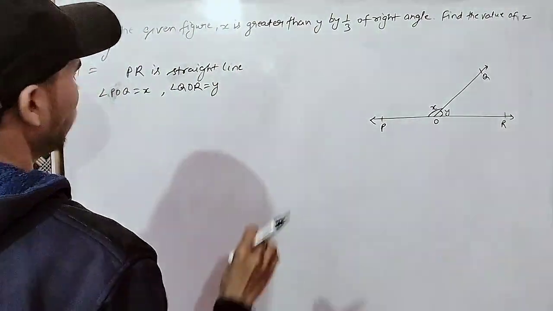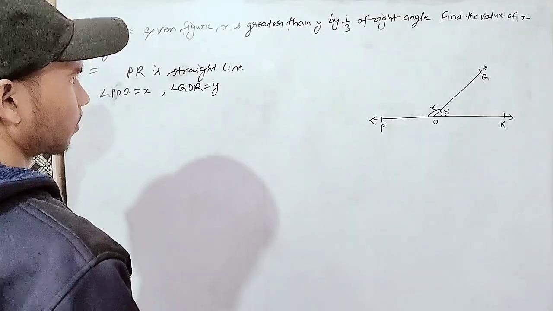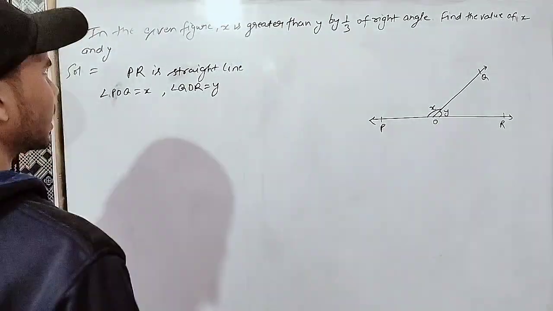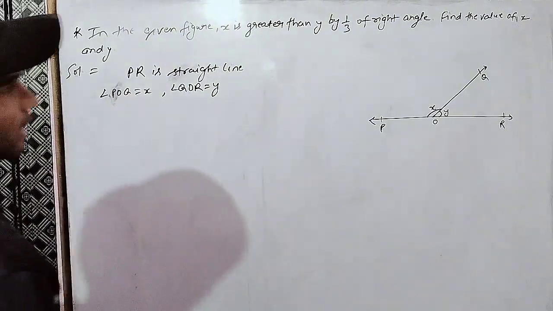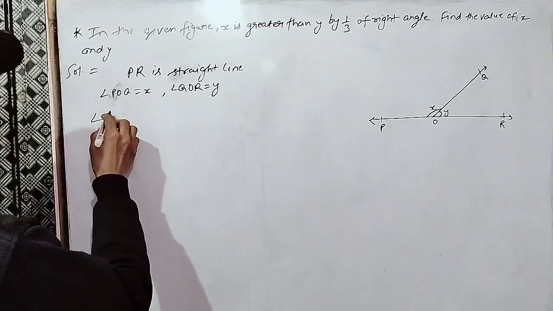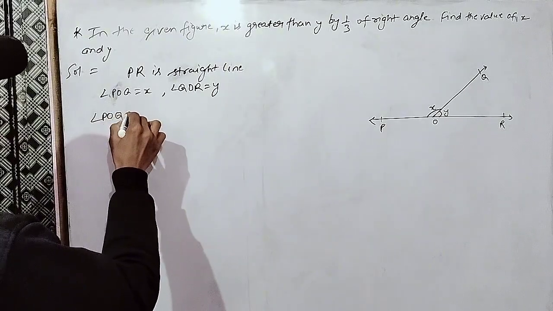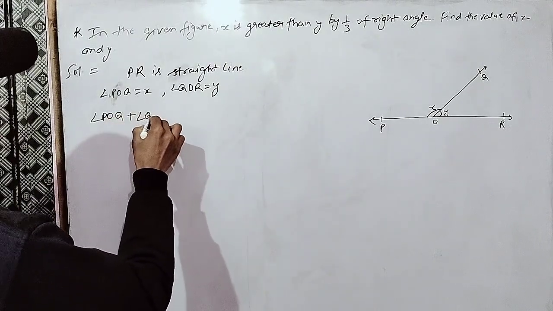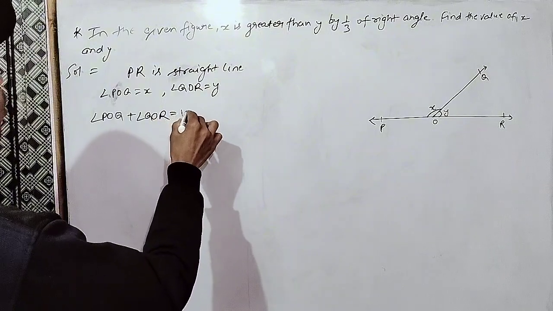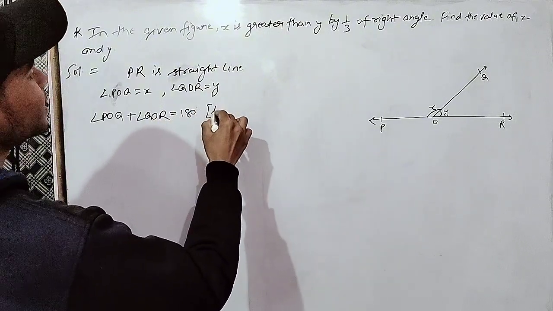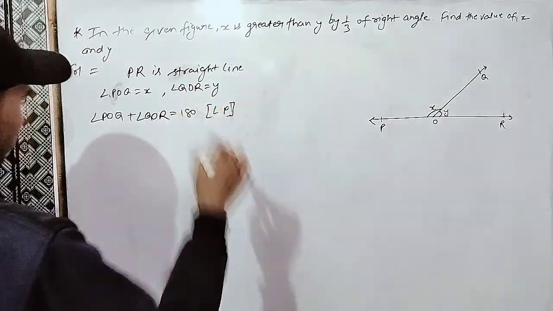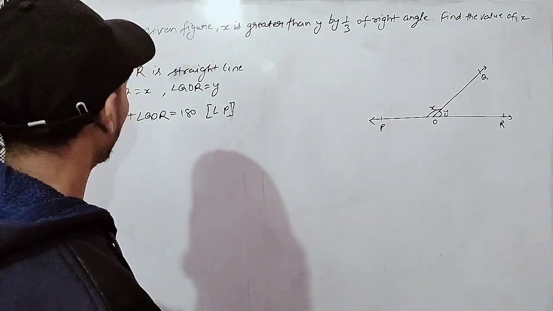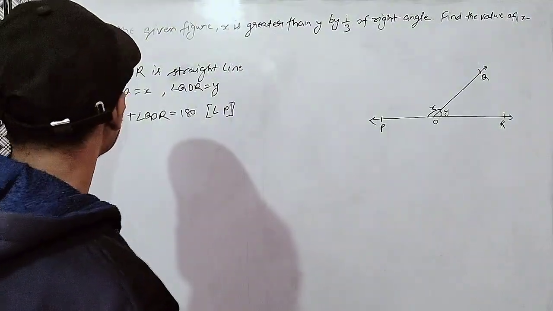Am I right? Whatever we have been given in the figure and in the question, we have written. The sum of POQ and QOR is 180 degrees, which means LP, linear pair. Clear?